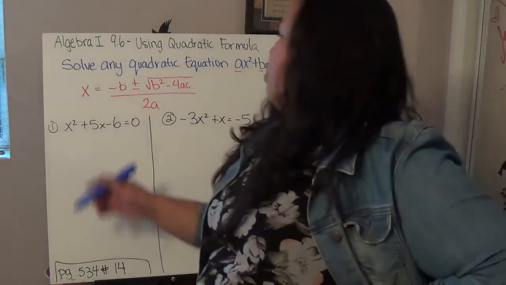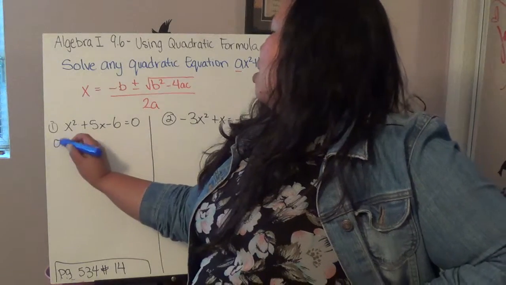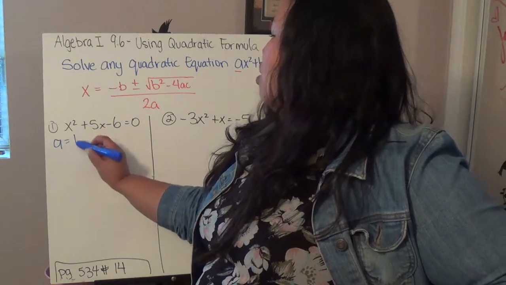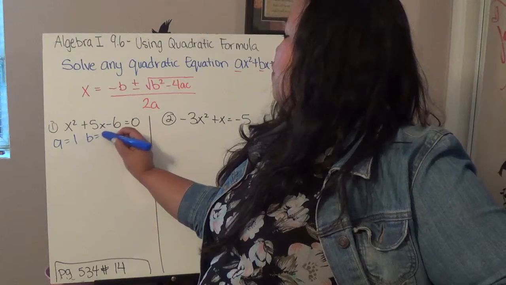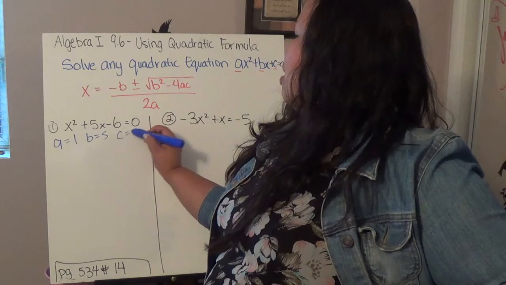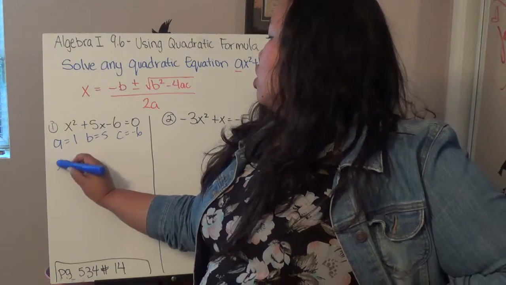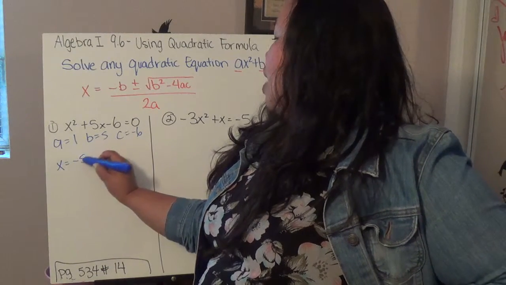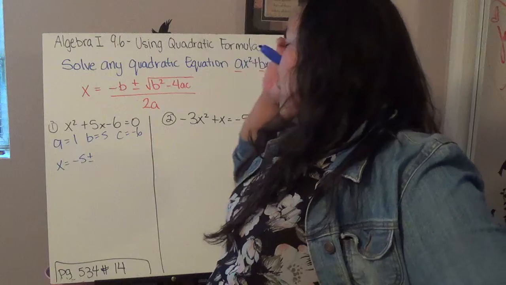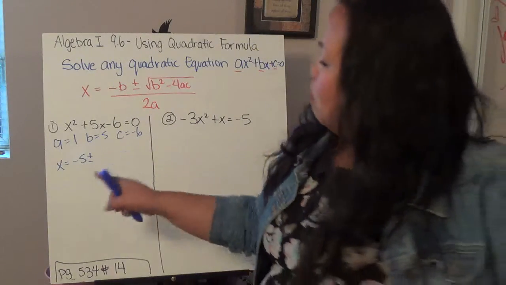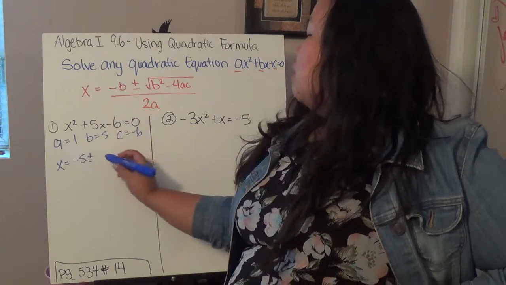So let's start with the first one. My a is going to be 1, my b is 5, and my c is -6. And I'm going to plug it into this equation right here. So x equals -5 plus or minus, and this means I'm going to have two answers. It's going to be plus everything and then minus everything.